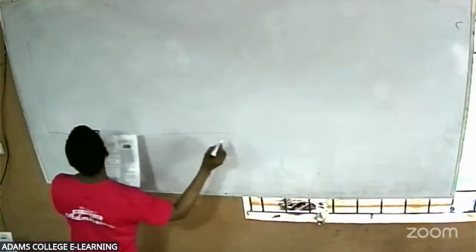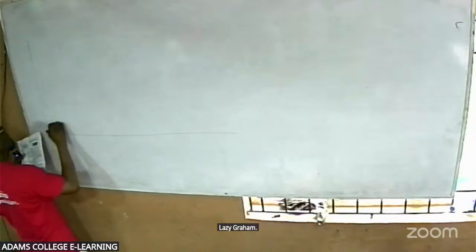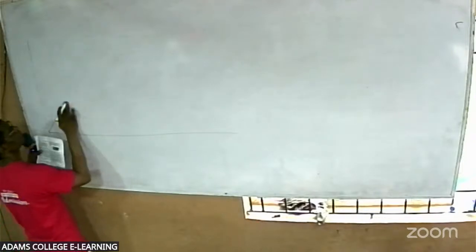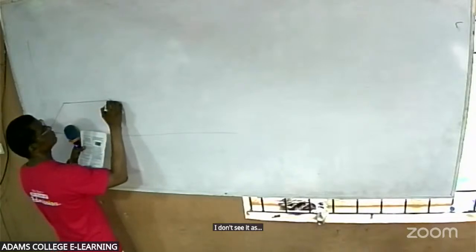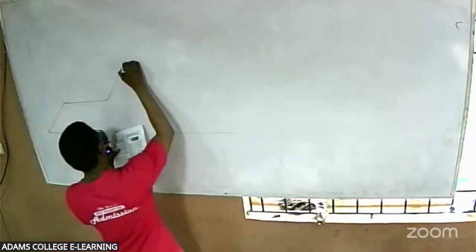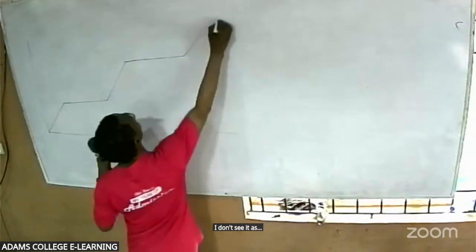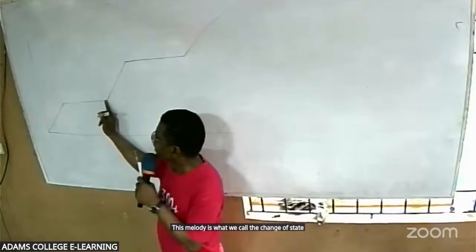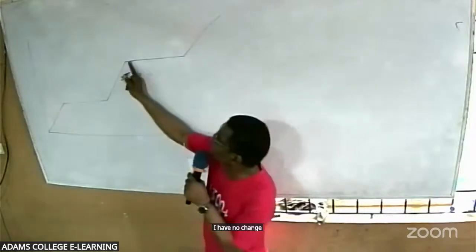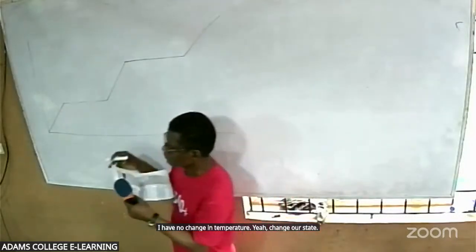Here's the graph. Can you see that? This is what we call the change of state, as we said in the morning. There is no change in temperature during a change of state.